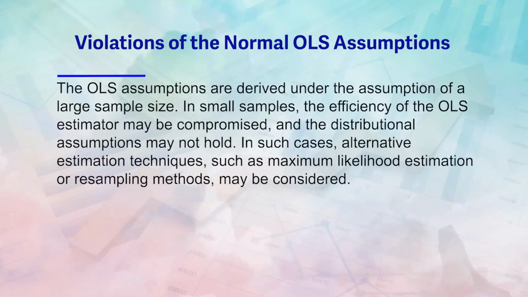So these are some of the violations of the OLS assumptions, which are a direct violation of the conditions required to start with the OLS model. Now it is important to go for more elaboration of each of the violations, particularly in terms of the diagnostic tests, in terms of the detection, and also in terms of the remedial measures that can be suggested.